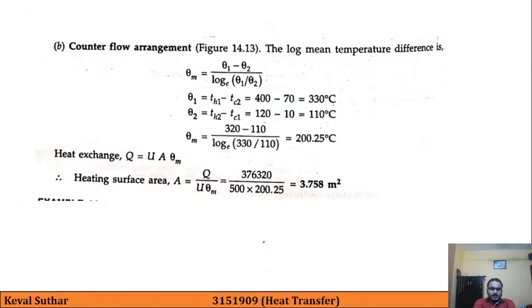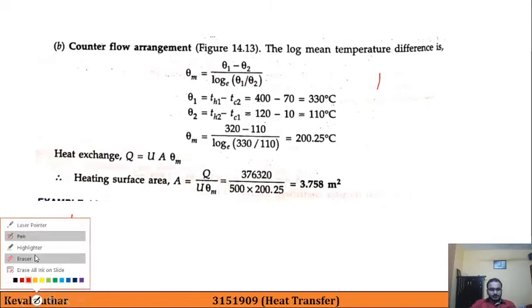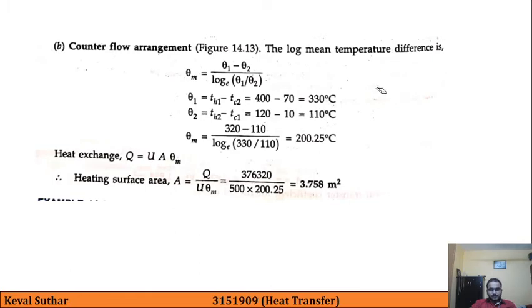Now we will discuss the counter flow arrangement, in which the arrangement will be like this. Okay, let me draw it over here. This is the value of X, this is the temperature.